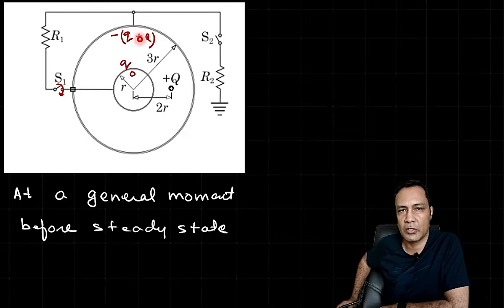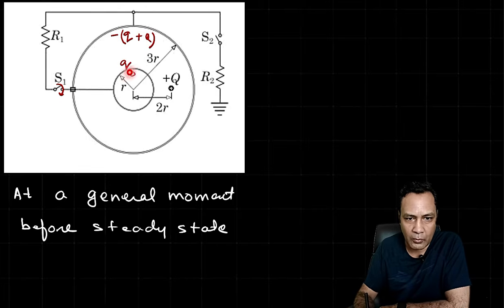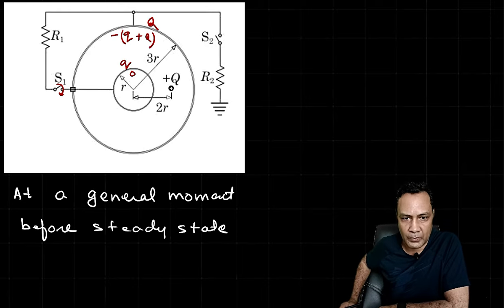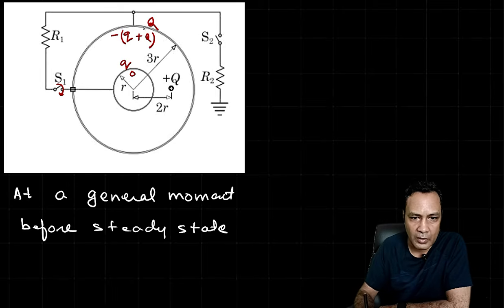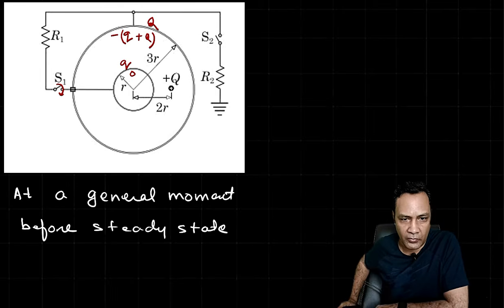So still the total charge of shell 1 and shell 2 will be 0. So to make total charge 0, this is q, this is minus q, this is minus q. So here at the outer surface, a charge plus q should appear, and that may change, meaning this q may change. Outer surface charge will be immediately fixed.